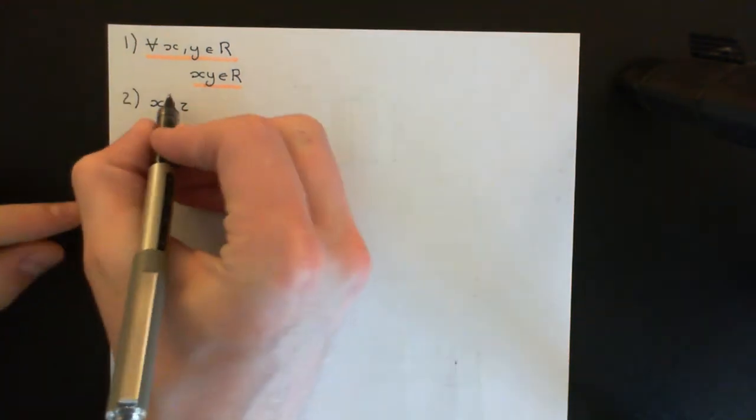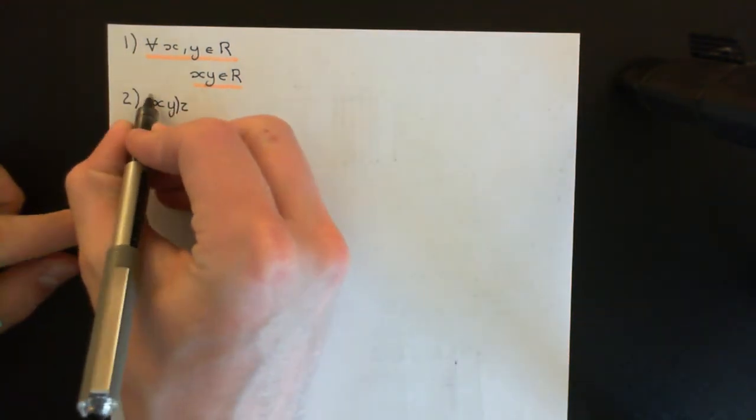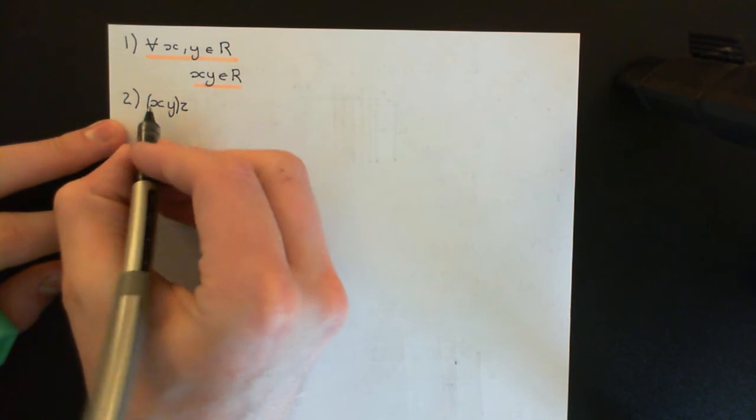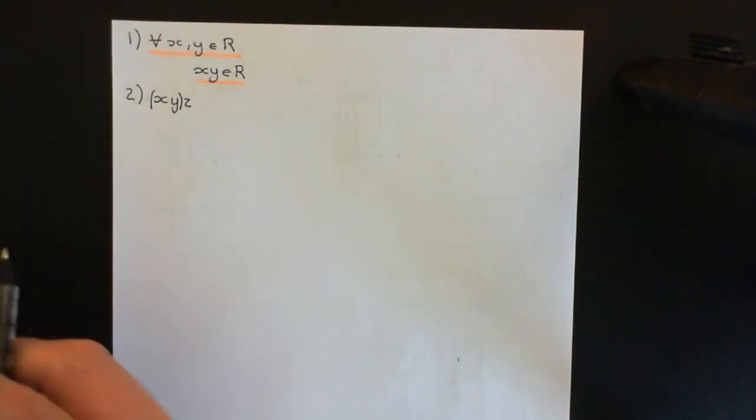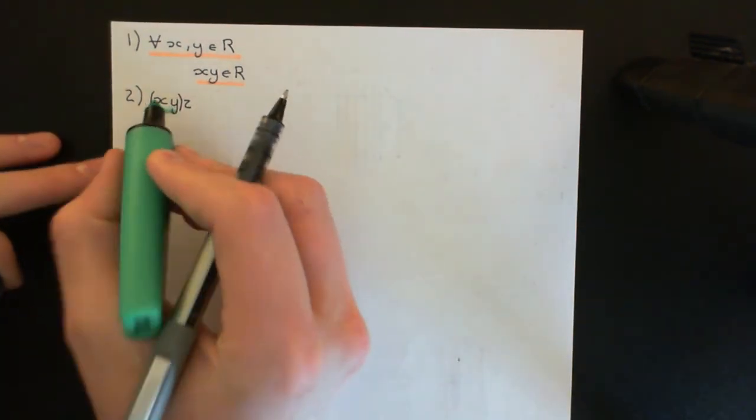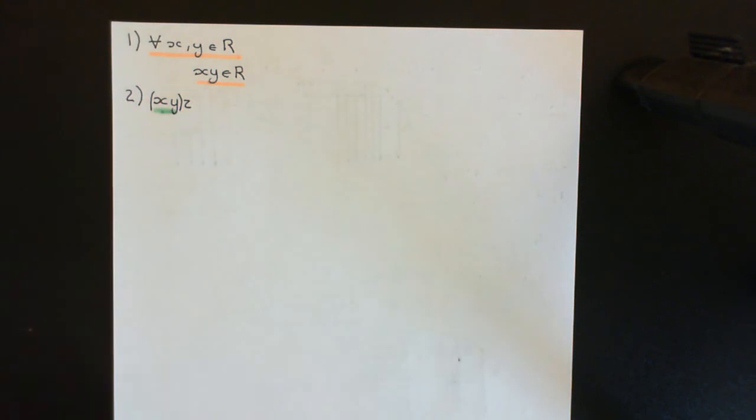Either you can put the brackets around the x multiplied by the y, and then this means firstly multiply x and y together to get some new element of the ring, and we know that will be an element of the ring thanks to axiom number 1 here. And then take that new element of the ring and multiply that with z again in the multiplication table.